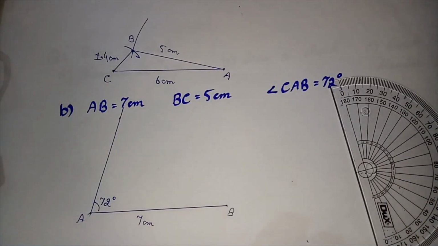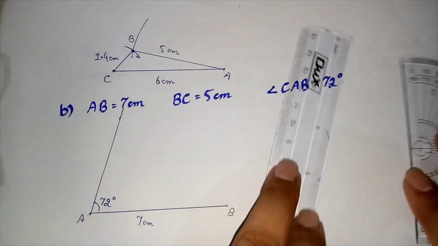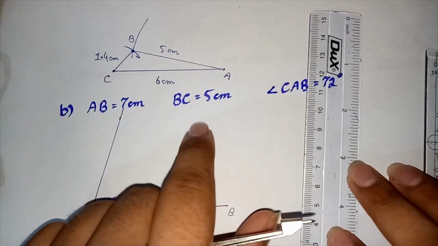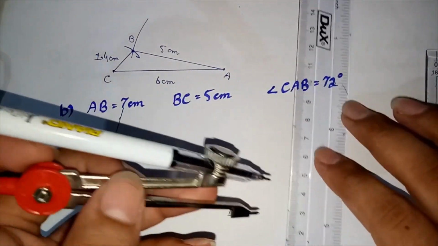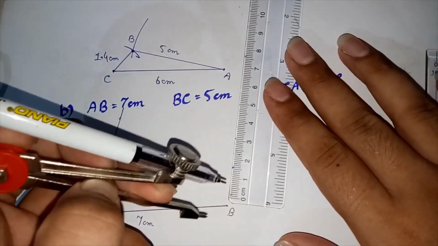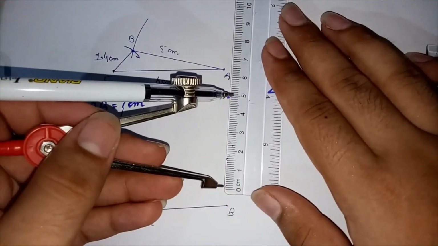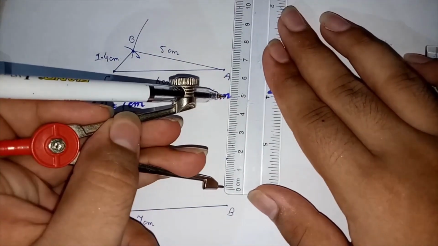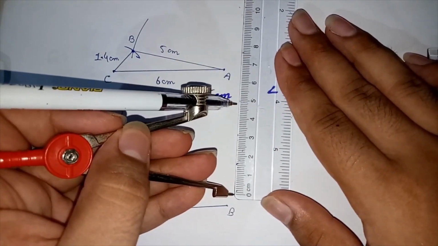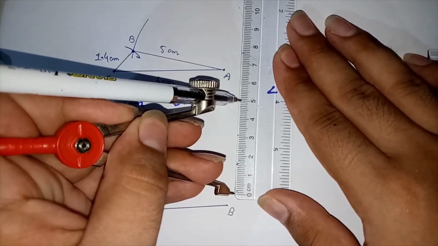Clear? Now we will draw this side. For this we will use a pair of compasses, and we have to open it to 5 centimeters. Just pointing 0 here and 5 here.